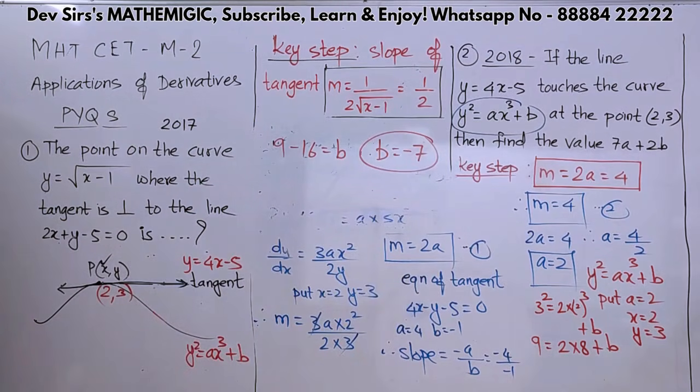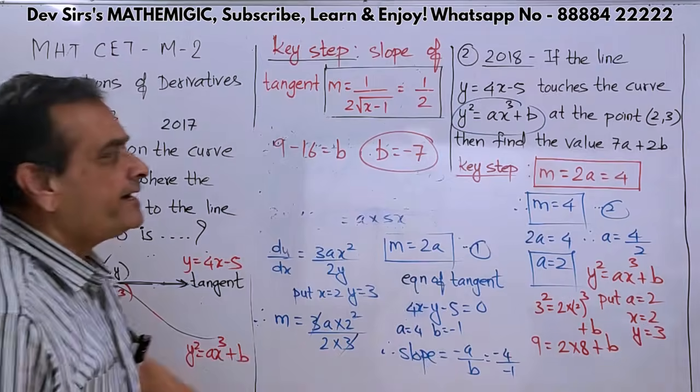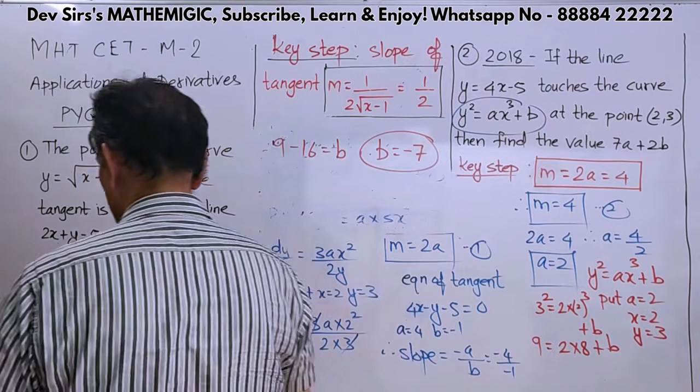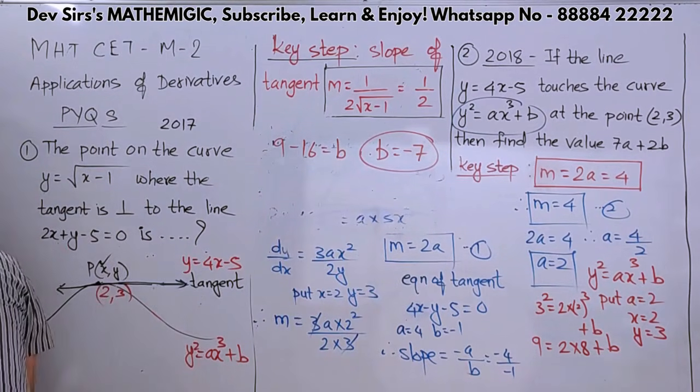Now in the last step, find 7a plus 2b. Get the answer.